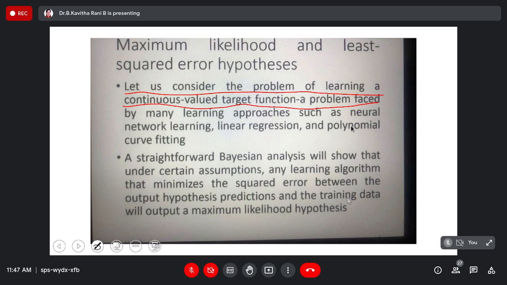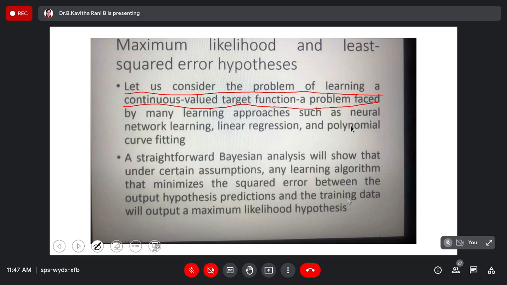When the machine is trying to learn the difference between the actual value and the predicted value, if you square them and then reduce that squared error, you will get the maximum likelihood hypothesis. So what is the objective of the learner?